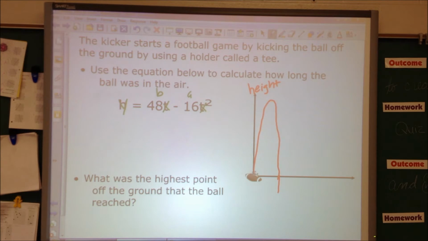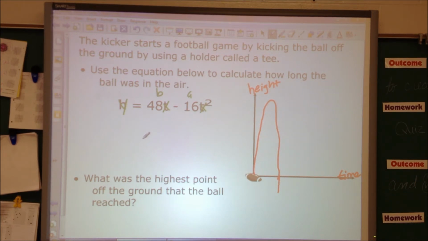And my X is my T, which would be my time. I should have told you what all this stands for, but it didn't say up here. We're using our prior knowledge that if he's kicking the ball up and it's going over, this is our time, because the height will depend on the time.